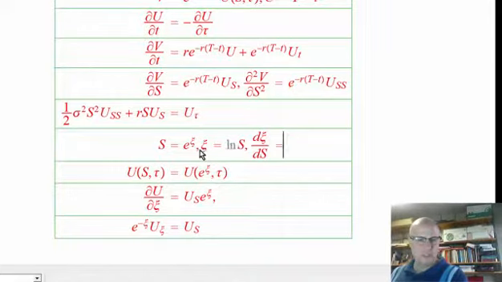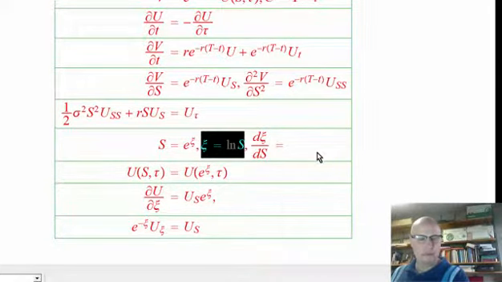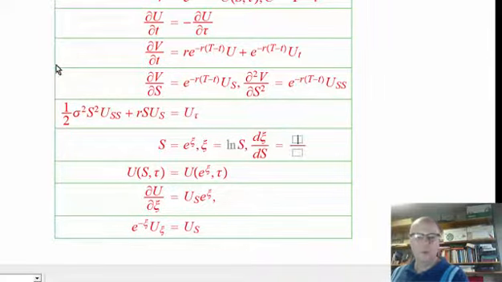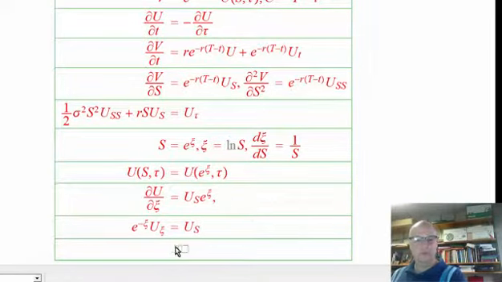I'm just differentiating both sides of this with respect to s. That's just going to be straight 1 over s. And later on, if I want, I can make that s e to the squiggle. So let's keep that here. So now take this, differentiate both sides with respect to s.